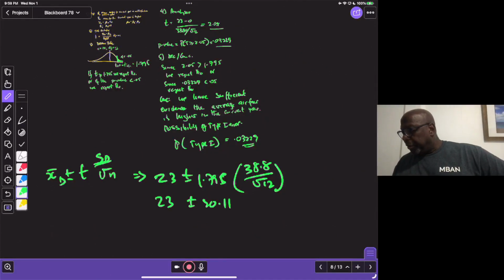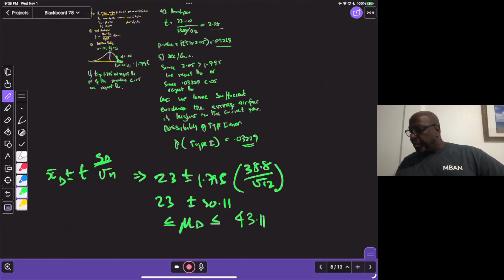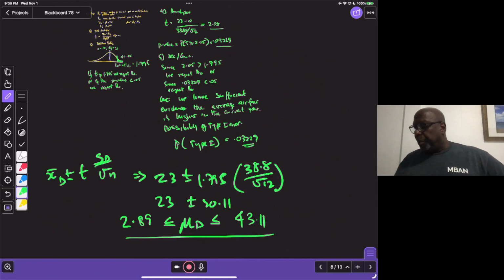20.11. So it means that mu D lies between 43.11 and 2.89. So somewhere between $2.89 and $43.11 higher from the previous year.